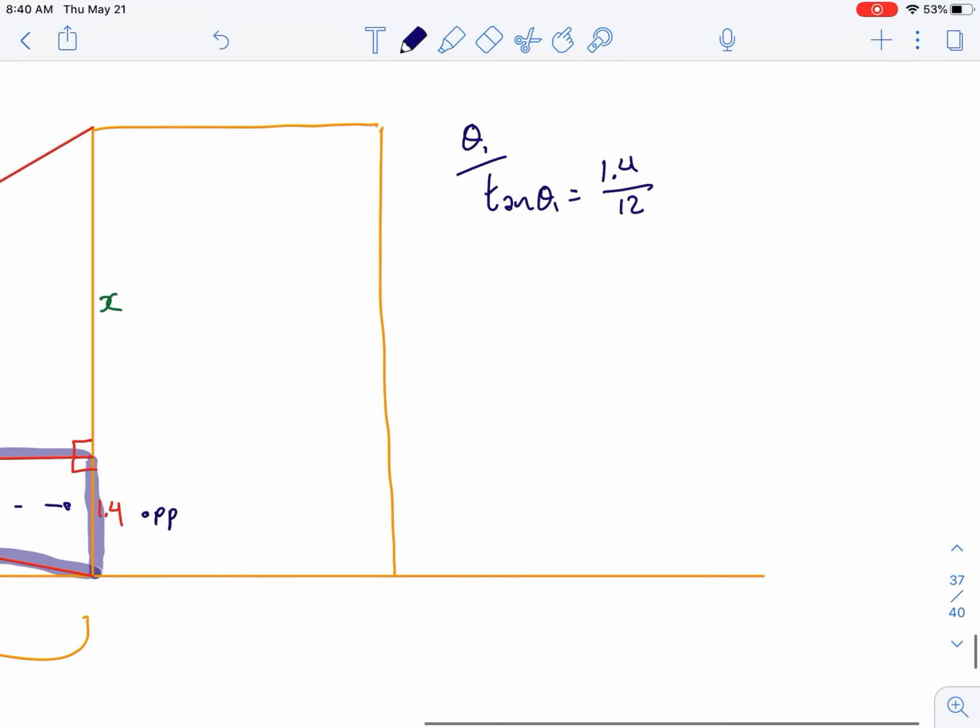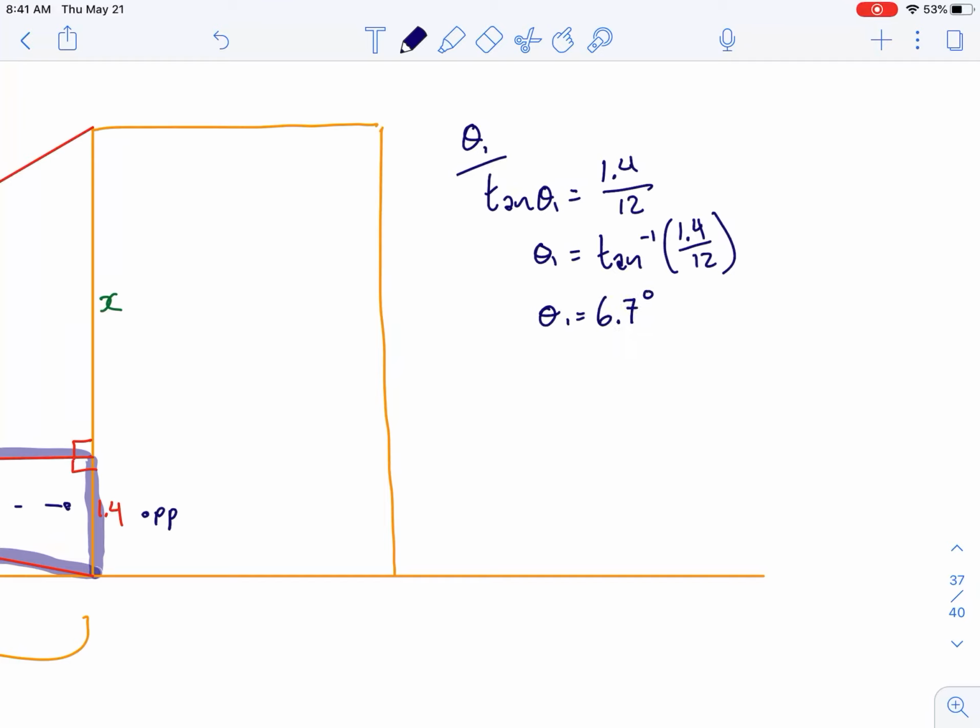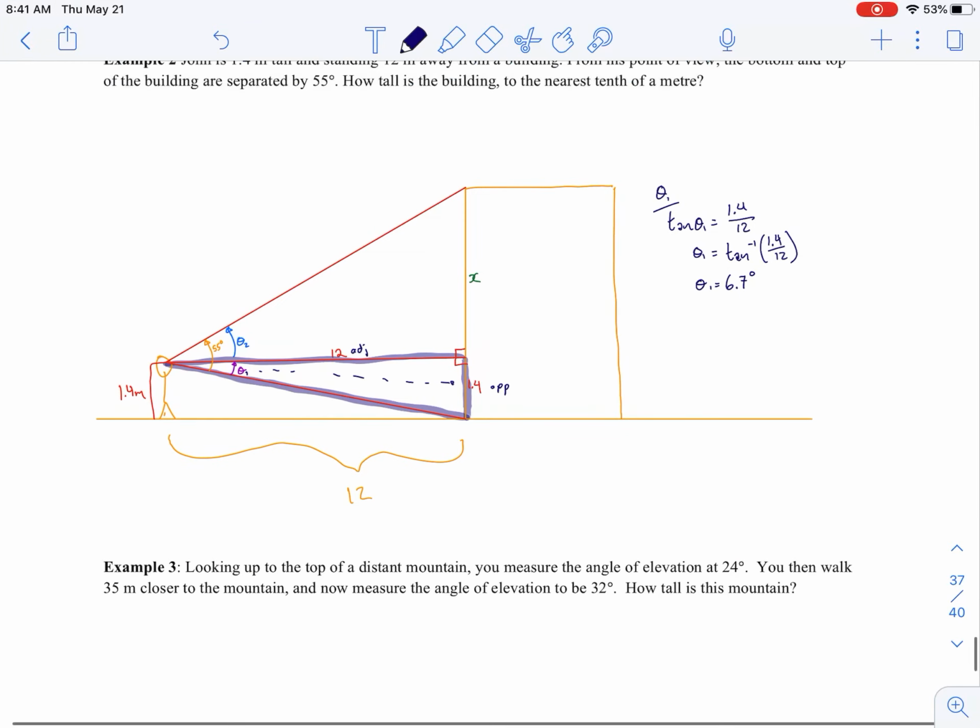If we're solving for an unknown angle here, we have to use the inverse function. So that would be the tangent inverse of 1.4 over 12 to solve for that missing angle. And we get the answer, when we throw this into your calculator, 6.7 degrees. Theta 1 is equal to 6.7 degrees. Not very much.